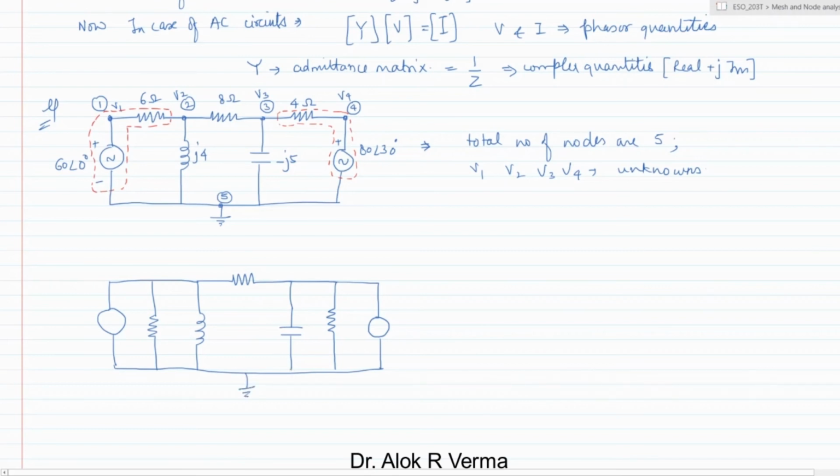Now look at the circuit and see how many nodes are there. So by that time I'll just write the values, so you can figure out how many nodes you can see in the circuit.